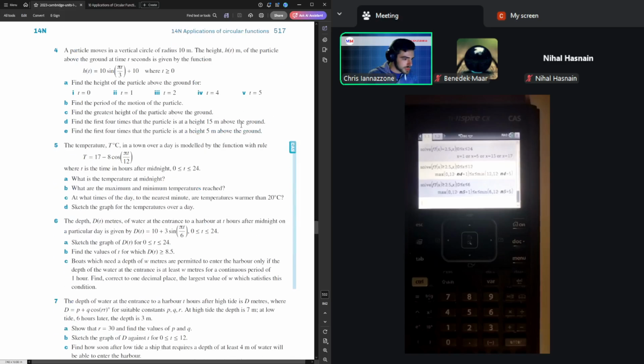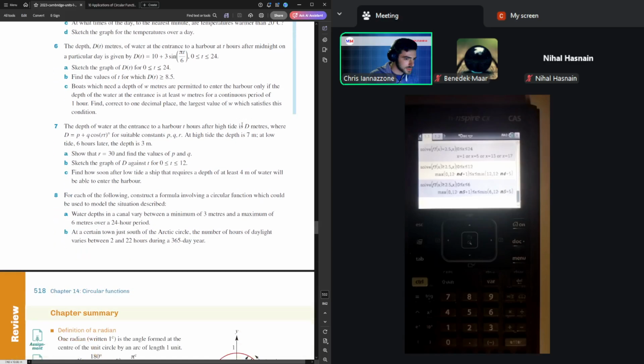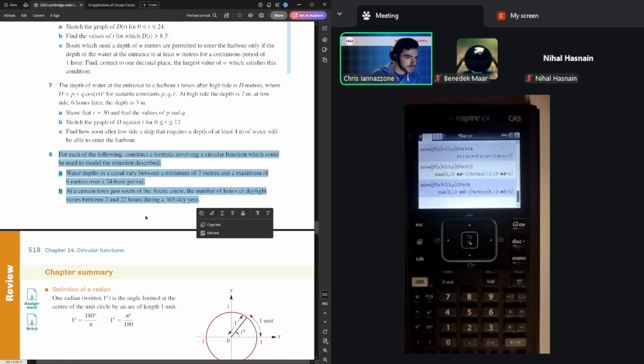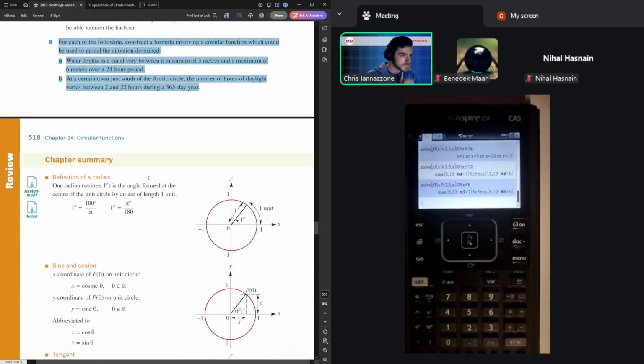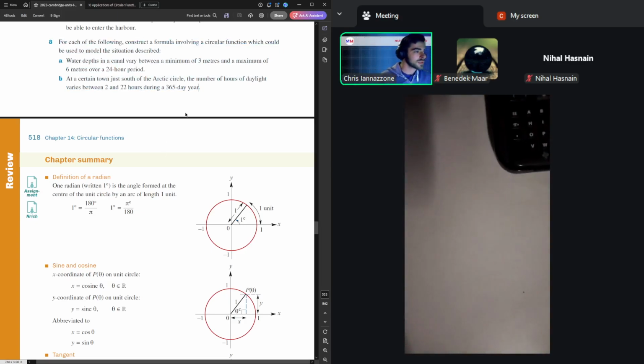Let's find a question where we've got to create our own equation. Does such a thing exist? Yes. Okay, let's have a look at 8 here. For each of the following, construct a formula involving a circular function which could be used to model the situation.